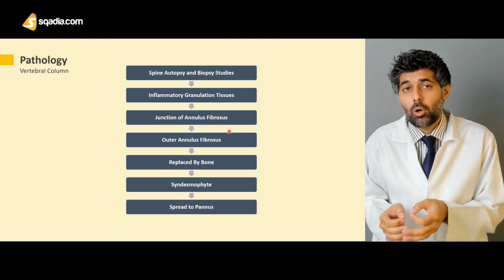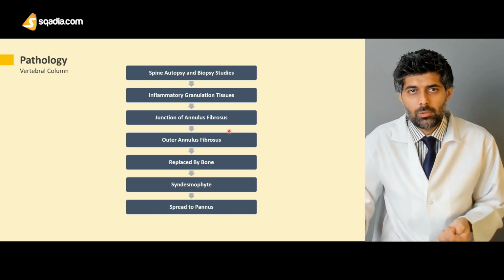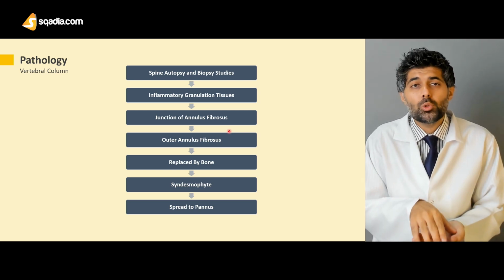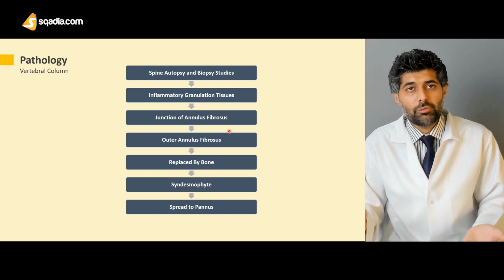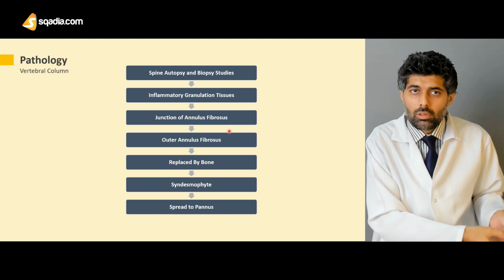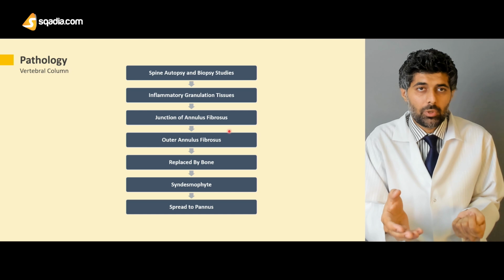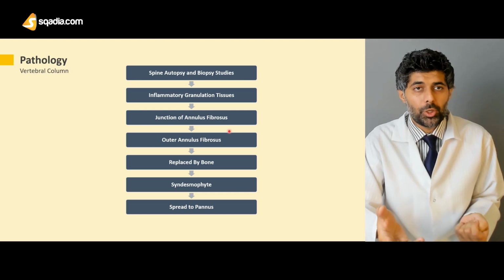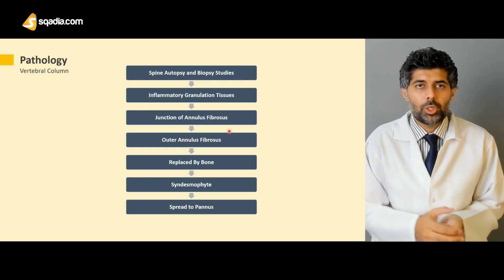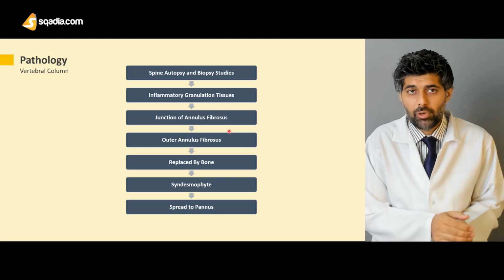Now, a syndesmophyte, once formed, will result in a spread of the pannus. Once two vertebral bodies have fused together via ossification, this results in the encroachment of vascular fibrous tissue over the other vertebrae and vertebral bodies, resulting in the recruitment of the vertebral bodies of other vertebrae to the syndesmophyte.